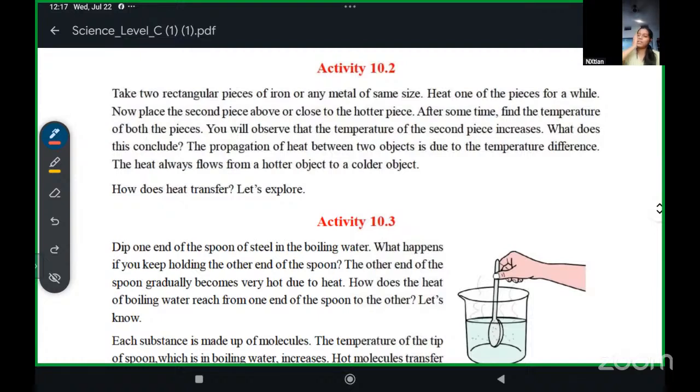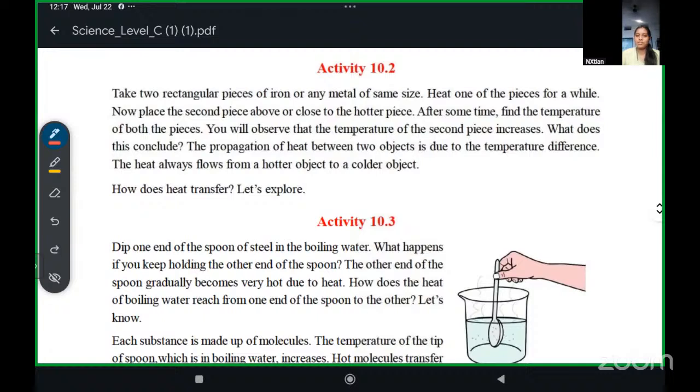So what happens is when I left the spoon in the container, it was not hot because I was holding it. But after some time, when I come and want to take it out, it becomes hot. Why is it so? Transfer of heat from the container to the stirring spoon.